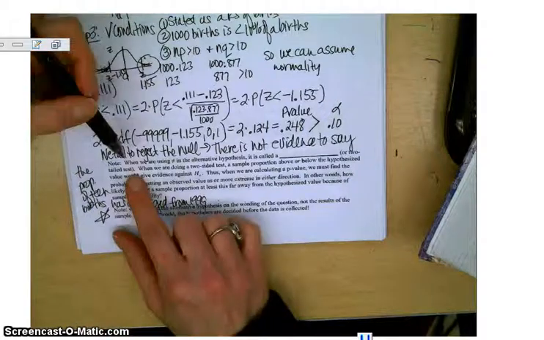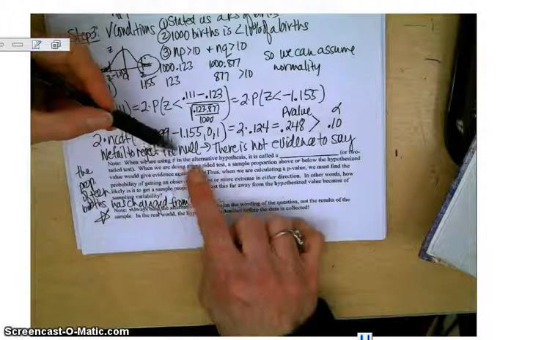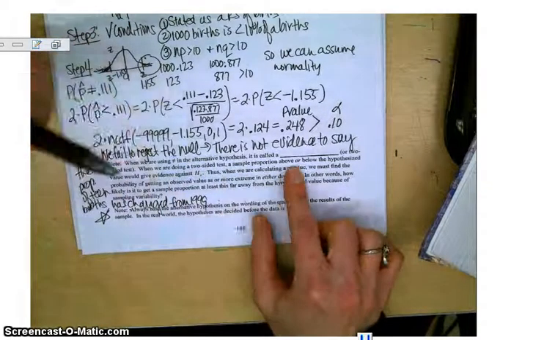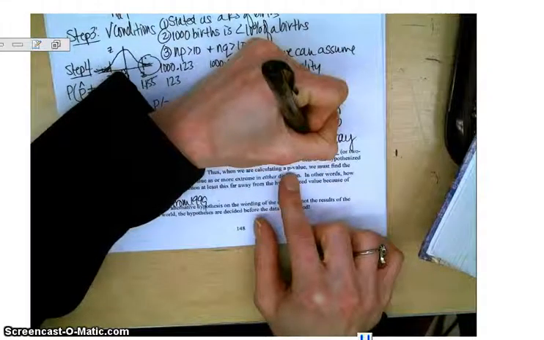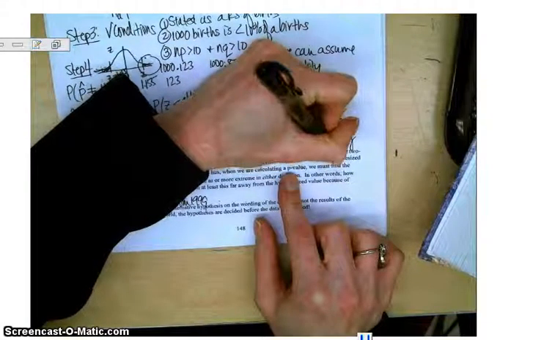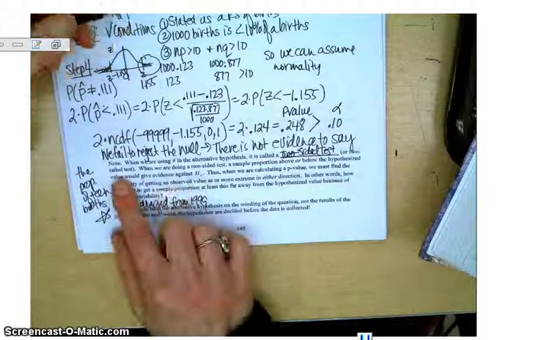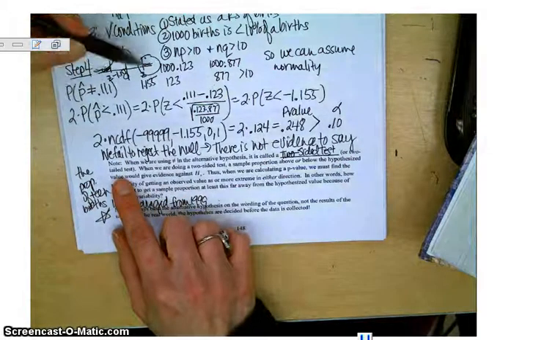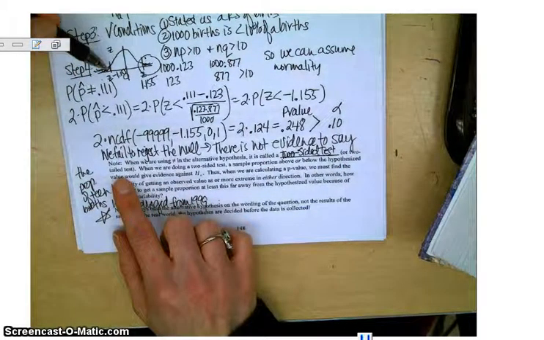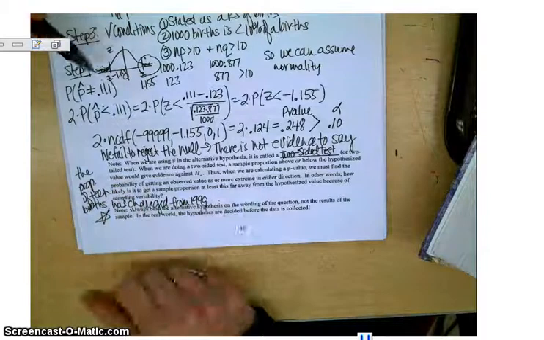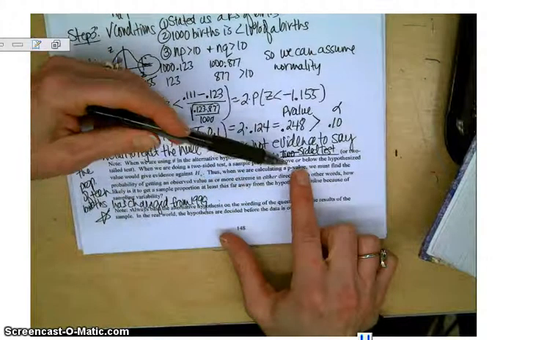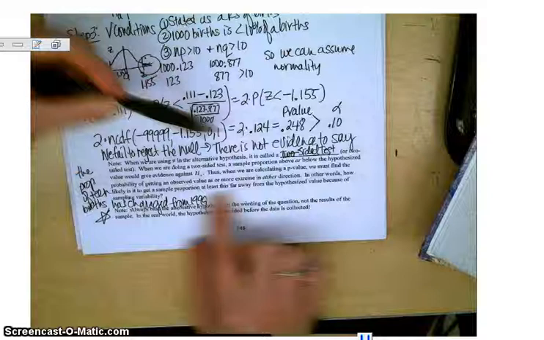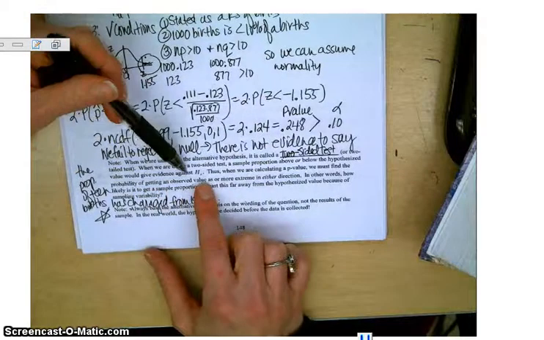All right, so a little note, when you're using the not equals in the alternative hypothesis, it is called a two-sided test or two-tailed test. The tails referring to the normal distribution, finding the tails, the ends. When we're doing a two-sided test, a sample proportion above or below the hypothesized value would give evidence against the null.